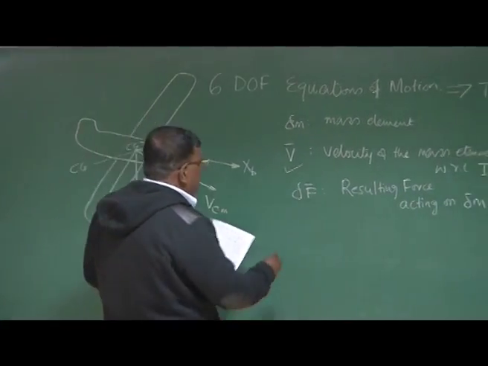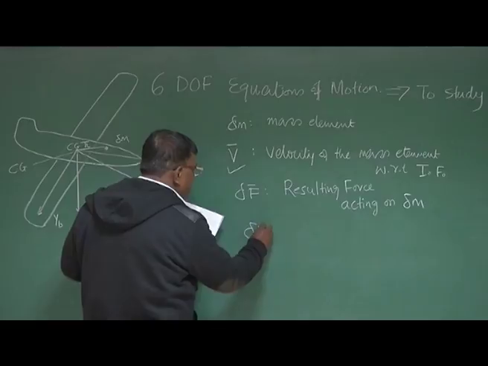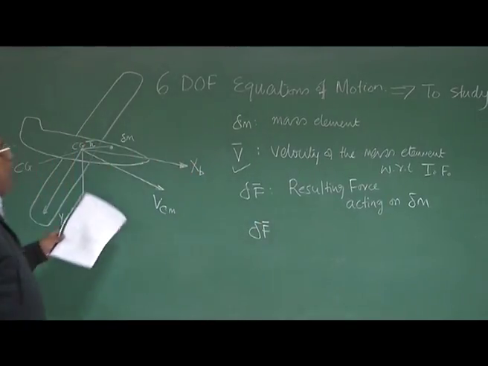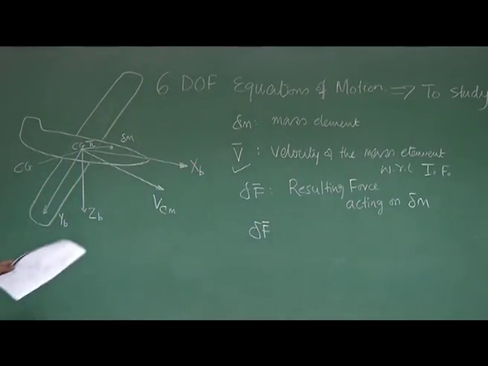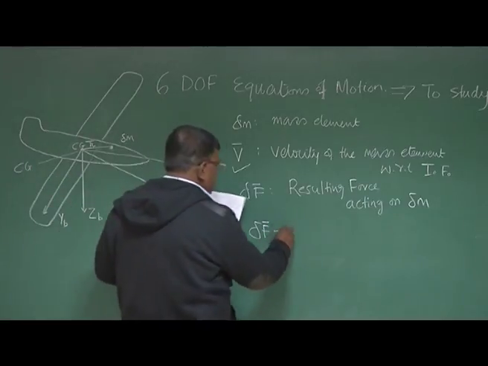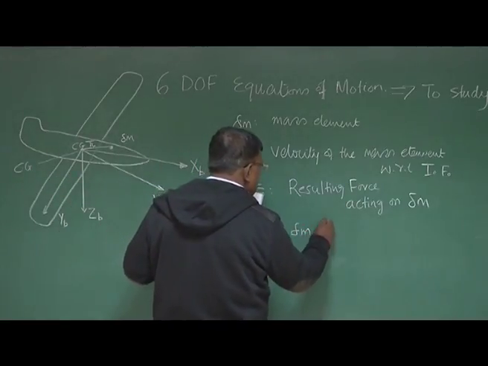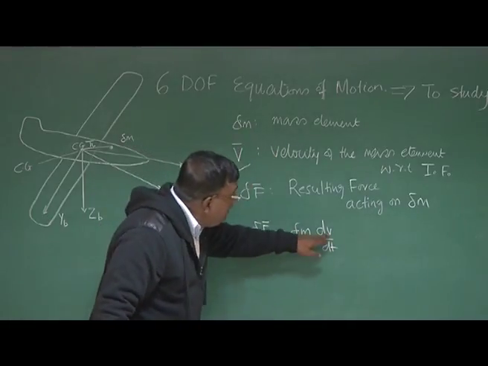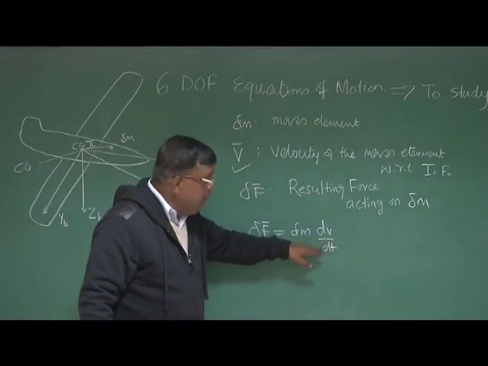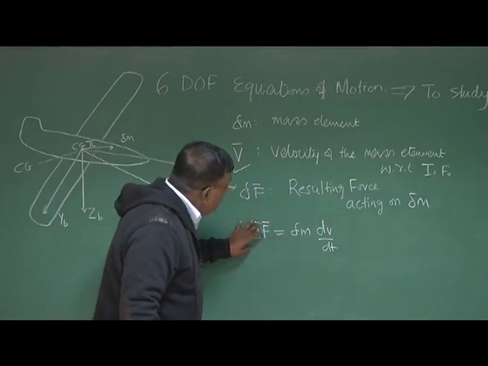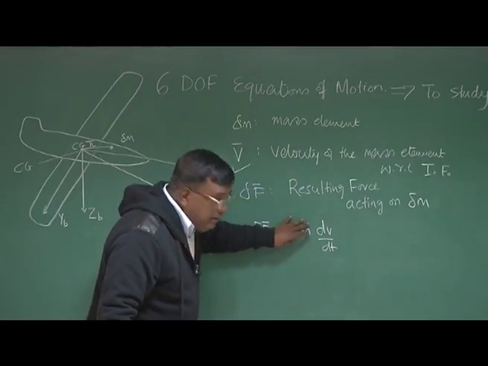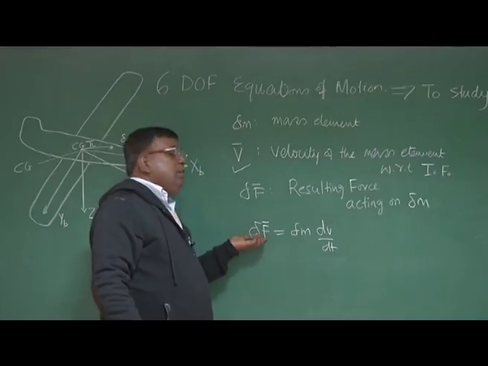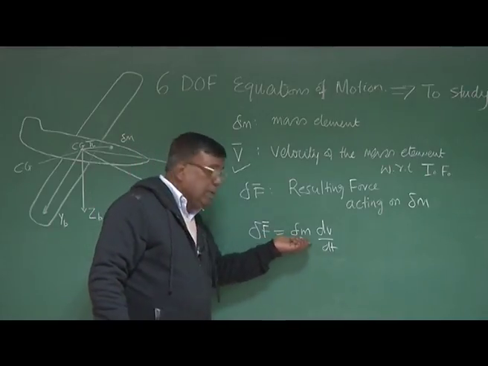So, now I can use, because I am working in the inertial frame, everything I am now developing in the inertial frame. Delta F I can write as delta m dv by dt. Please note that this is dv by dt, not dVc by dt, because I am writing the effect on the mass delta m because of the external force delta F acting on dm.